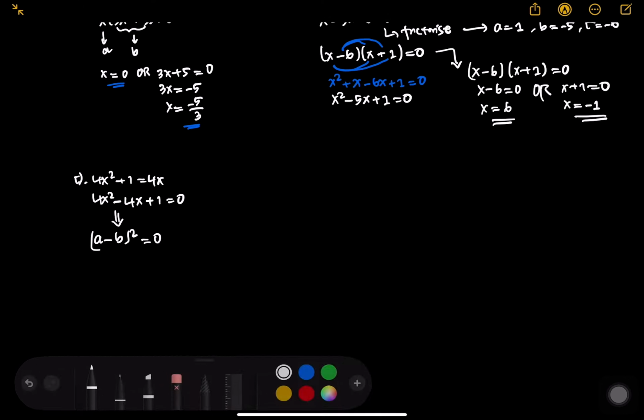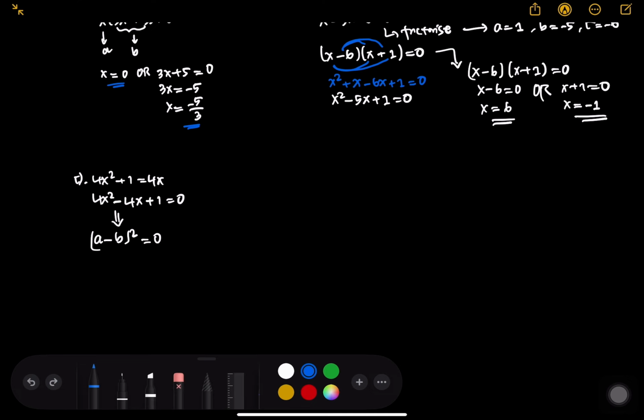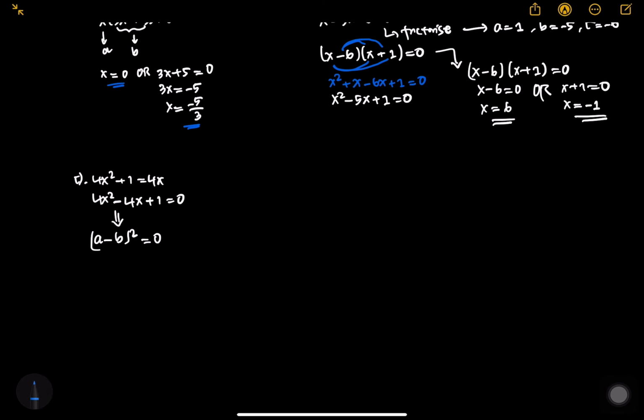Because you can see that the c value is 1. So you have to think what number, when I multiply it together, is going to be 1. That's definitely 1. 1 times 1 is 1. So it's going to be 2x minus 1 times 2x minus 1 equals 0.